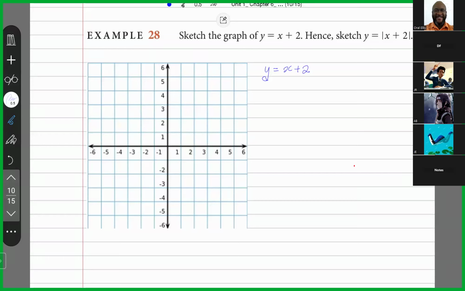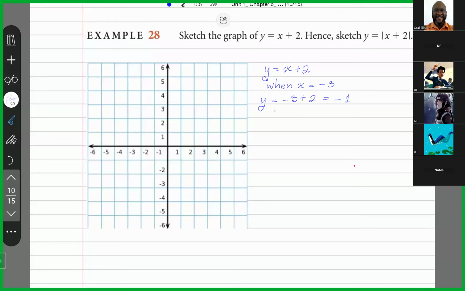Now, it's something that you should remember from coordinate geometry. Only 2 points are needed to draw a straight line. So I can start out by saying, for example, I'm going to select a value of x in the domain of f of x or in the domain of y. So I might say when x is equal to, let us say, minus 3, y would be equal to minus 3 plus 2, which is minus 1.